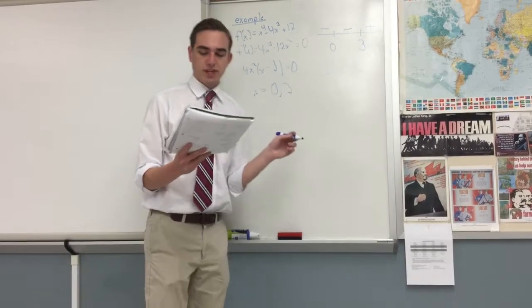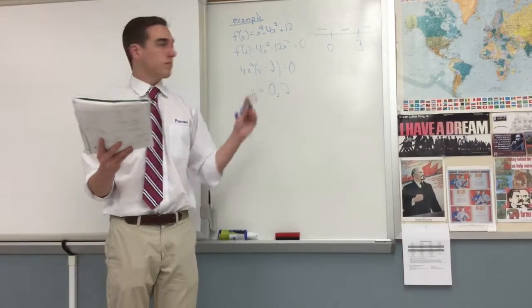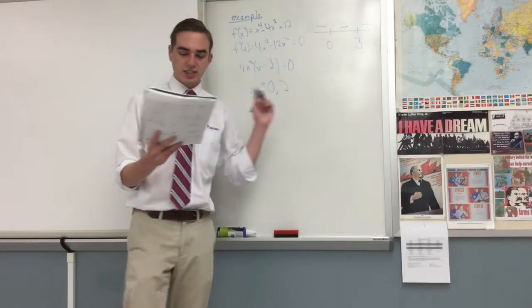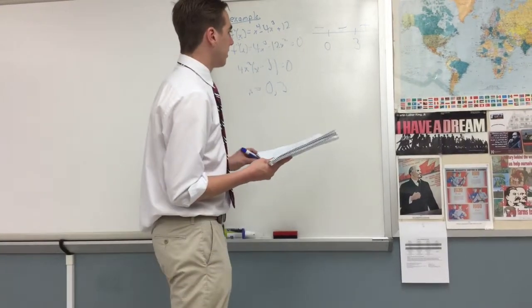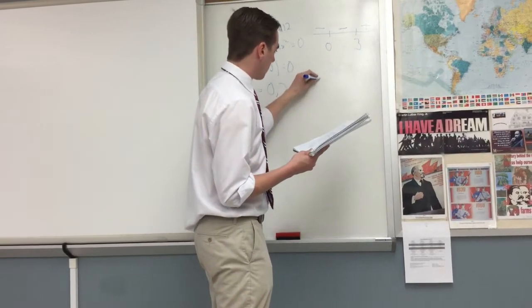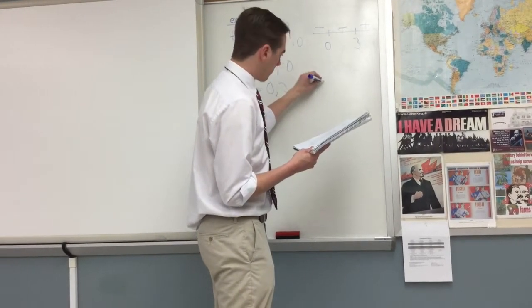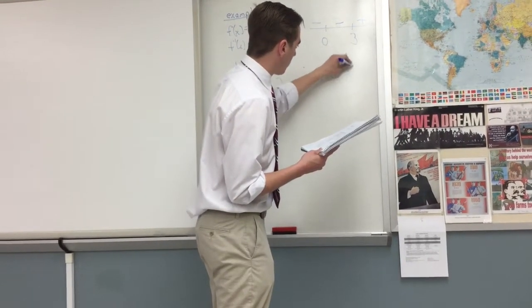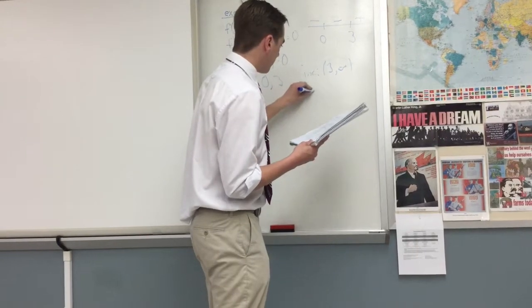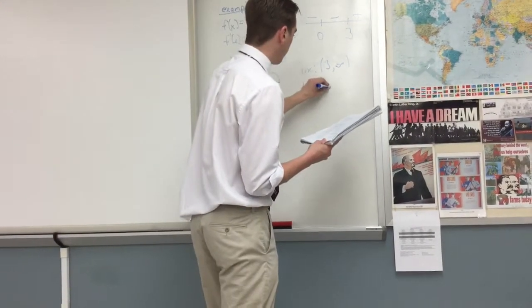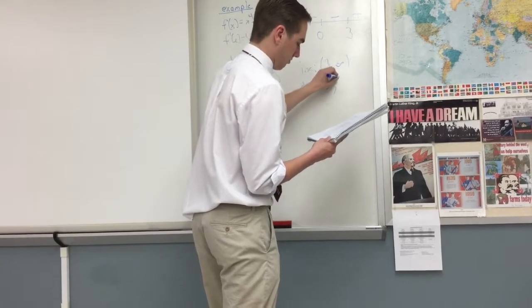Now, the last step is to determine where it is increasing and decreasing. That's easy. It's increasing from 3 onwards, so increasing 3 to infinity. It's decreasing from negative infinity to 3.